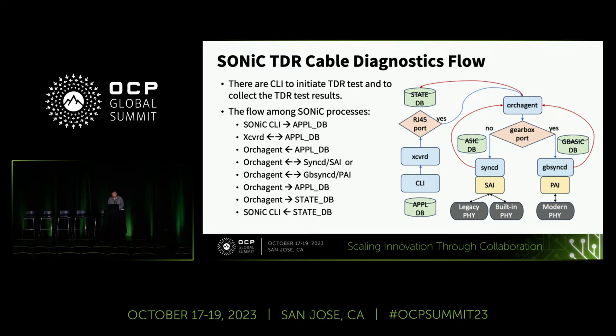So the flow goes like this. We have the SONiC CLI to initiate the TDR. The SONiC CLI will write to the AppDB, using the interface table.